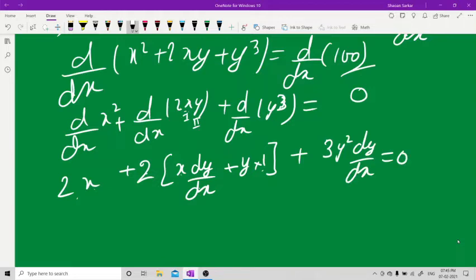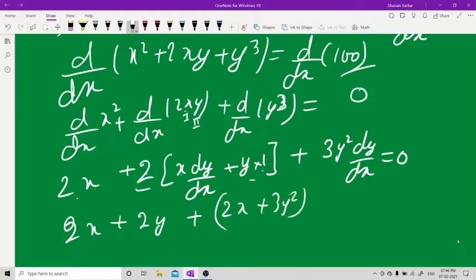Put all the dy by dx together. 2x, then from here 2y, so you put 2x plus 3y square dy by dx, equal to 0. I've taken this and this one.